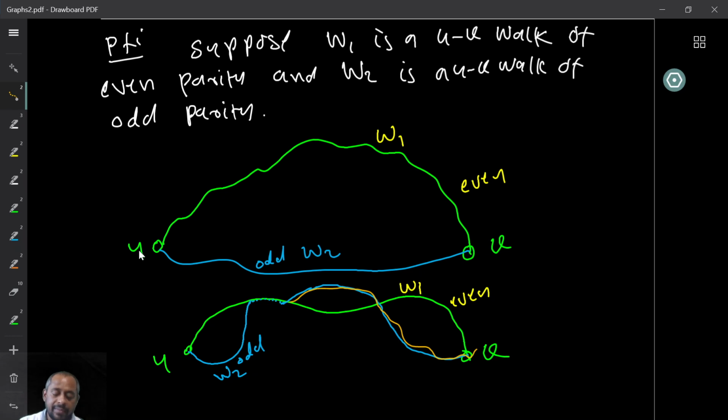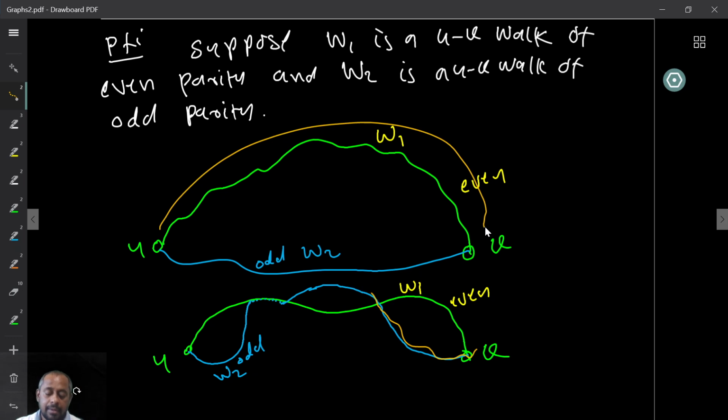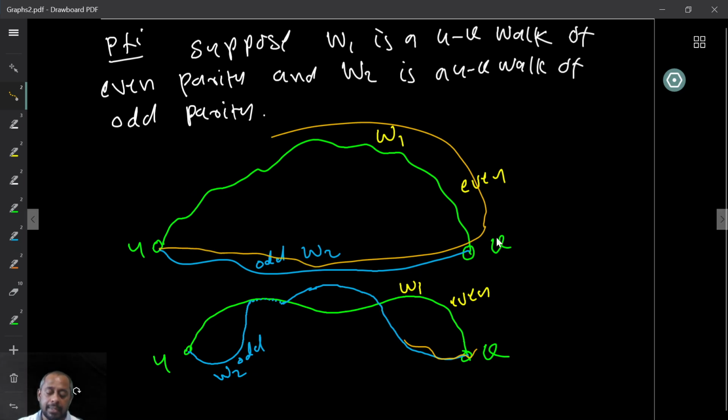Now if I have a uv walk, I also have a vu walk through this path. So I can go from u to v taking the even path, and then from v to u I can take the odd path, which is W2. Now if I can do this, then I get a closed walk, but the length of the closed walk is even plus odd, which is odd.